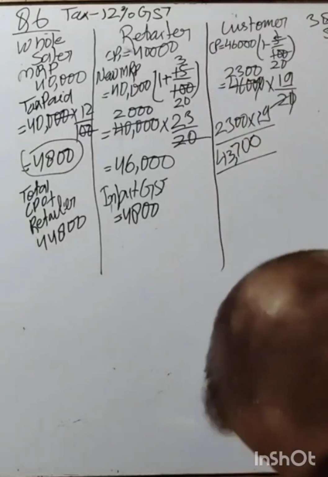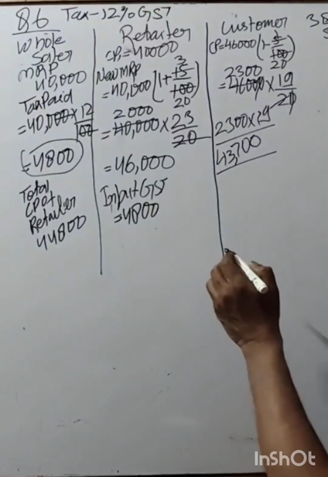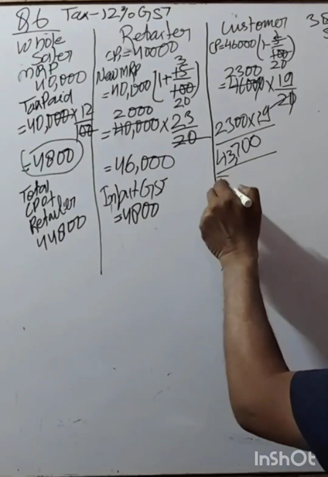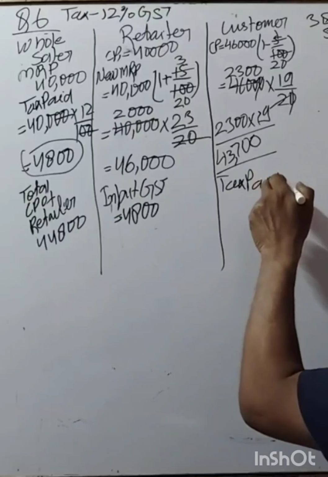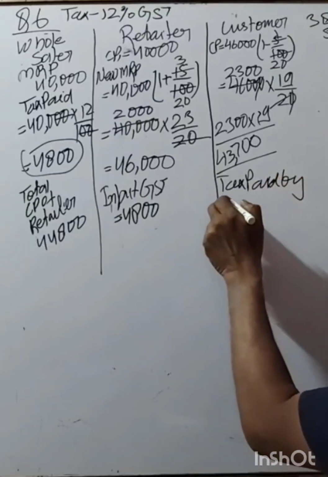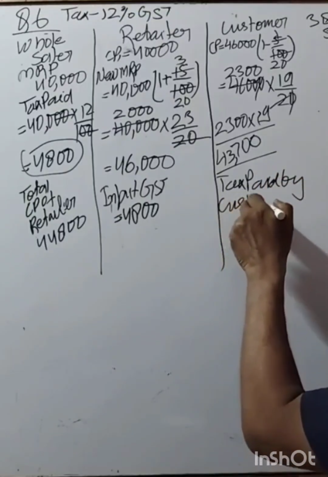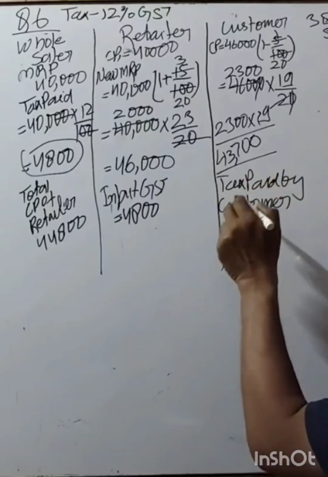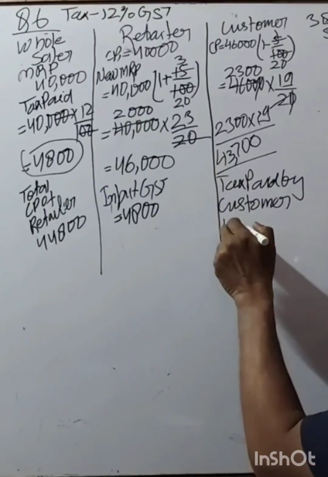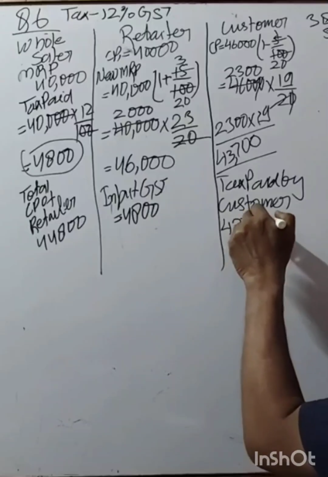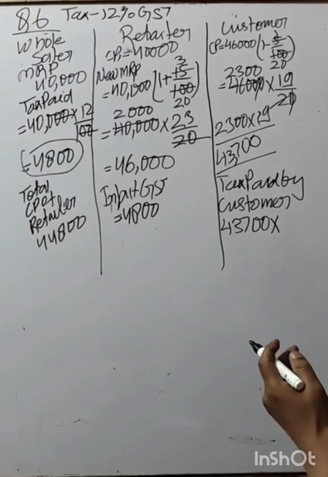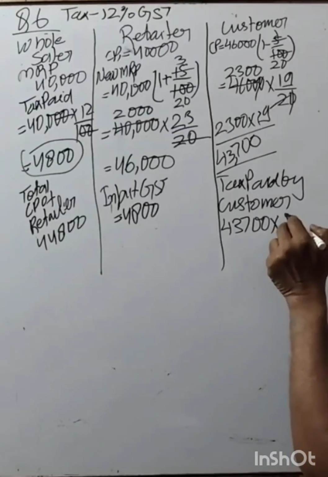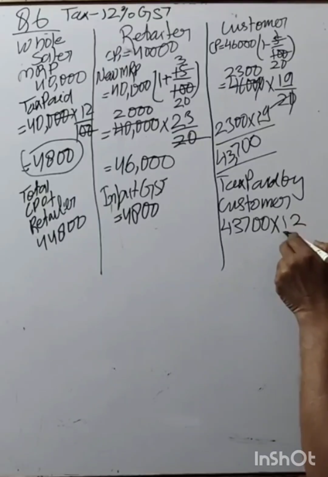Now, tax paid by customer is equal to 43,700 into 12%.